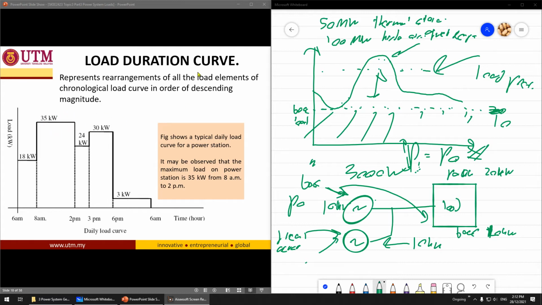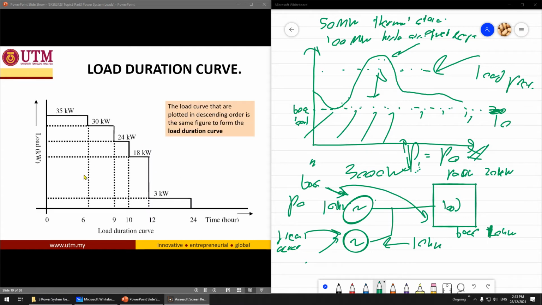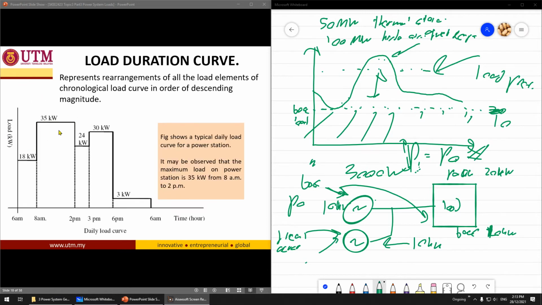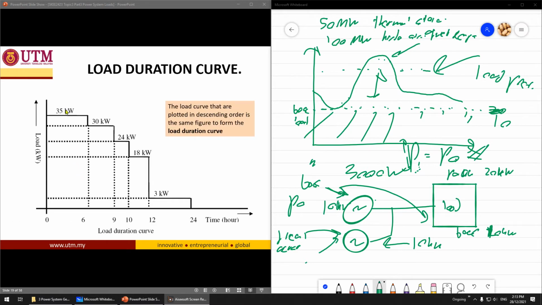So you can represent this in descending magnitude. What you have to do is just sort this load. It will go something like this. You can see here, 35 is the highest, and then 30, 24, 18, and then 3.